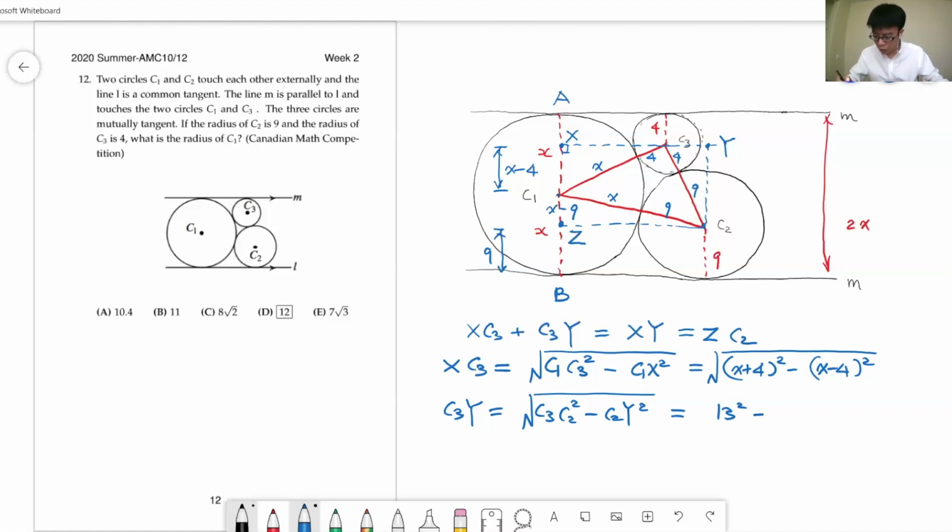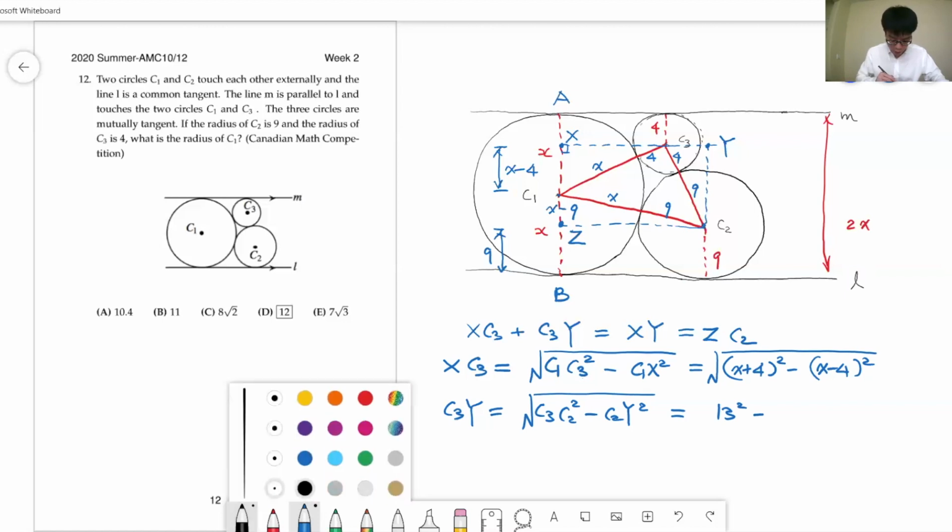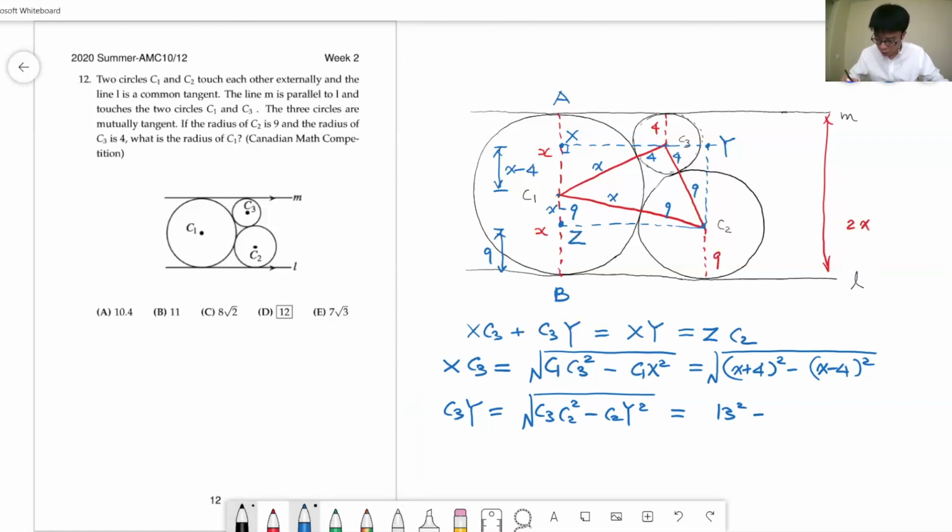Because the distance between these two parallel lines, this is L, is 2x. And so this part becomes 2x minus 13, minus these two radii. So it's (2x minus 13) squared. That's the expression of C3Y.